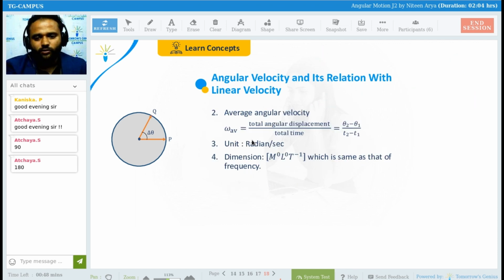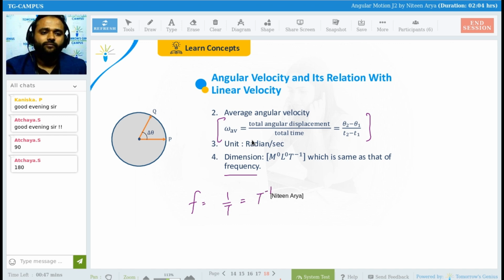Average angular velocity is total angular displacement divided by total time: theta 2 minus theta 1 divided by t2 minus t1. The unit is radian per second, and the dimension is time inverse. Why time inverse only? Because radian, which is a ratio of two lengths, arc upon radius, is dimensionless. So the dimension is time inverse, same as that of frequency, because frequency is 1 by t, which is time inverse also.